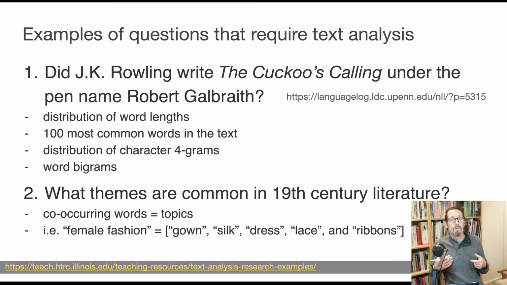Okay? So breaking the books into chunks of 1,000 lines and comparing the vocabulary of each of those chunks and looking for systematic regularities, right? So things like, how long is the average word length? Okay?